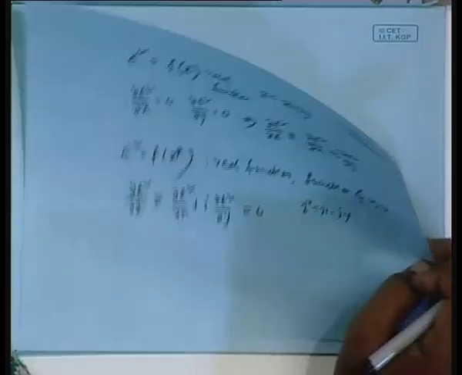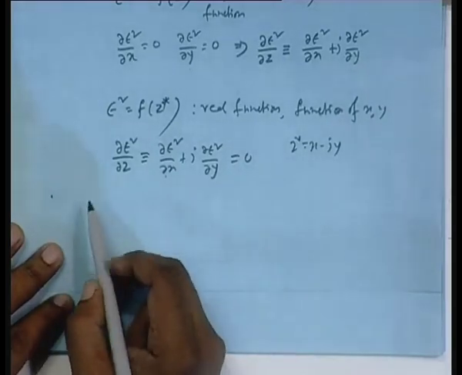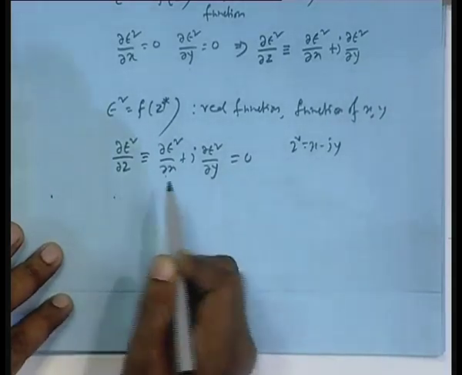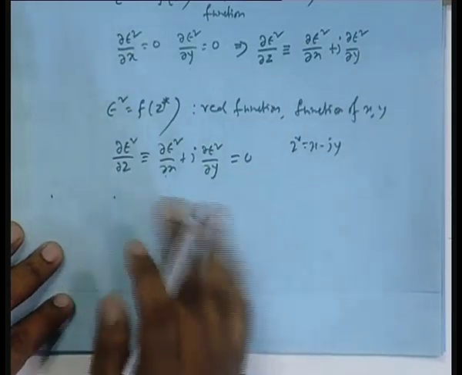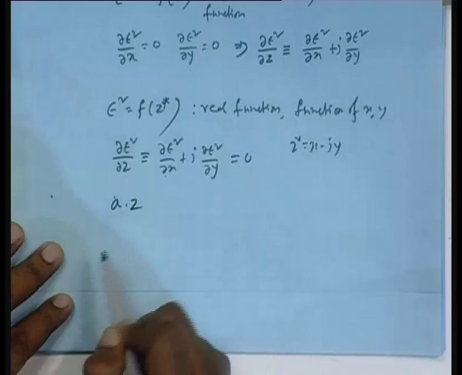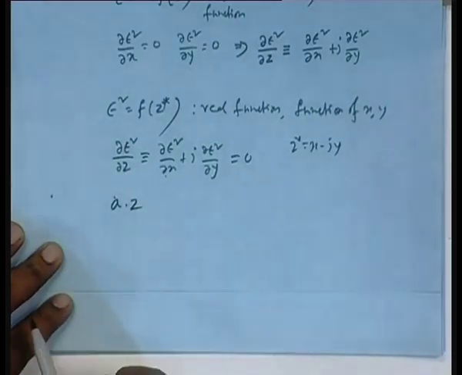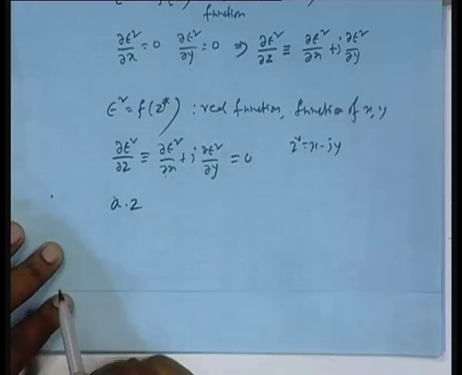If that be the case, using this definition, you see some nice things. Suppose I give you two scalars, but complex valued, a and z. A is a complex value, z is a complex number, a into z or z into a.